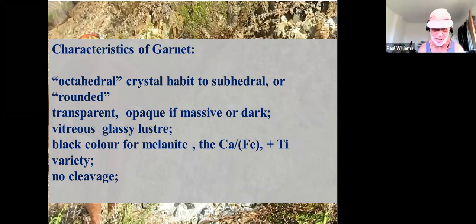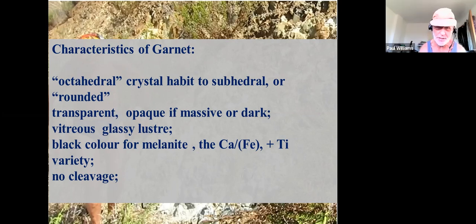You can't see through it. And so it's opaque if it's massive or if it's dark. And the ones we looked at, the last 3 slides, were this dark variety. We mentioned the vitreous glassy luster, and that's a characteristic of the garnets generally.